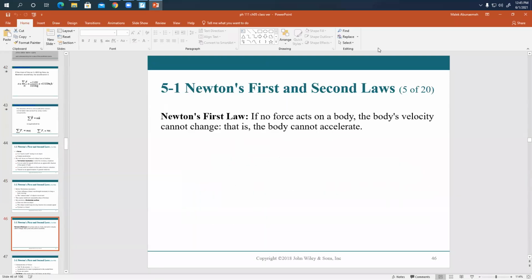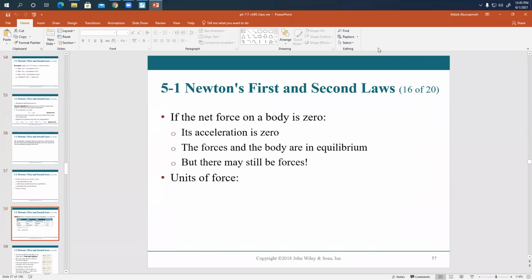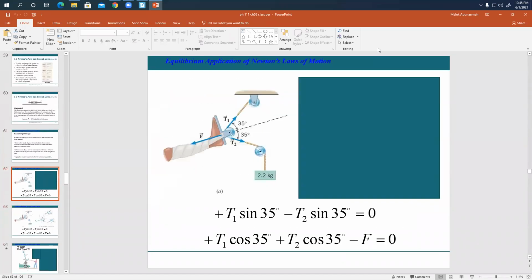Now, let's do another example, shall we? So let's say, God forbid, you broke your foot and it's on one of those little thingies that the foot is on. So let's say you got tension T1 at a 35-degree angle, tension T2 at a 35-degree angle, also where your foot's pulling back and a force F. So let's go ahead and do this one.